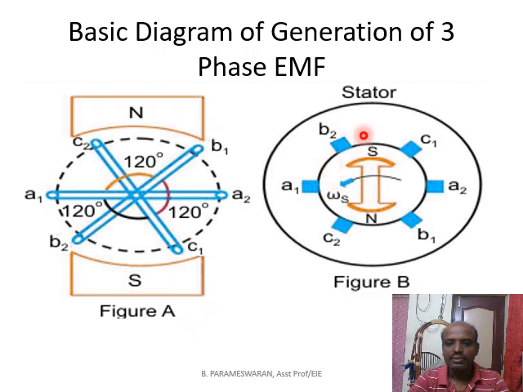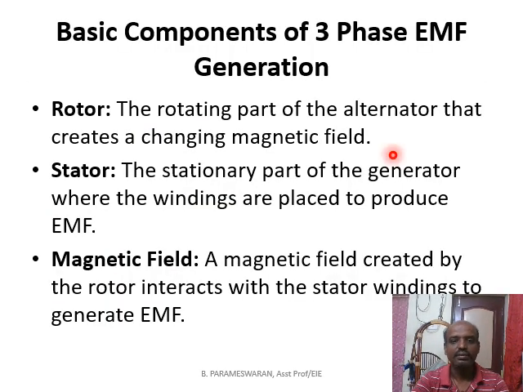And this diagram also shows that your magnetic field is rotating while the stationary coils are fixed. So what are the basic components in three-phase generation? Rotor, stator and magnetic field. The rotor is the rotating part of the generating system which will create the changing field.